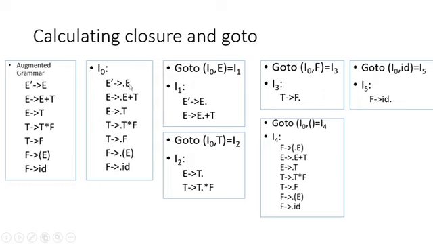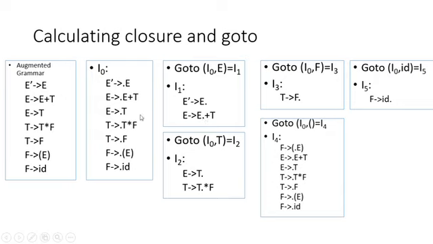So goto from I0 on E will give you the new set of canonical items, that is I1. So we see dot E, there are two dot E's. This is dot E and this is dot E. This dot will jump one step ahead, so it gives E dot, and this dot will jump one step ahead, that is E dot plus T.